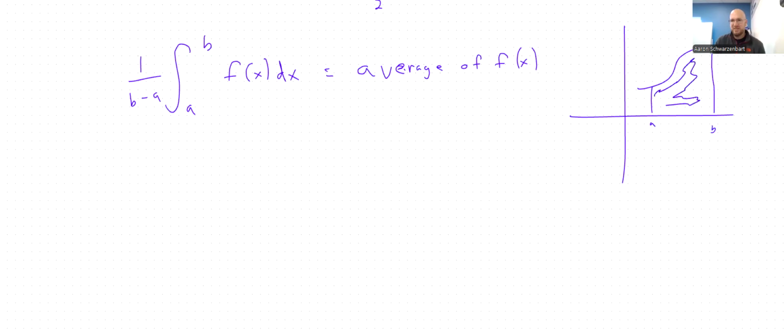And area, if it's a rectangle, it's just length times width. Well, your width here is b minus a. So I'm dividing by my width. This is the area divided by the width, that gives me the average height, or the average y coordinate.